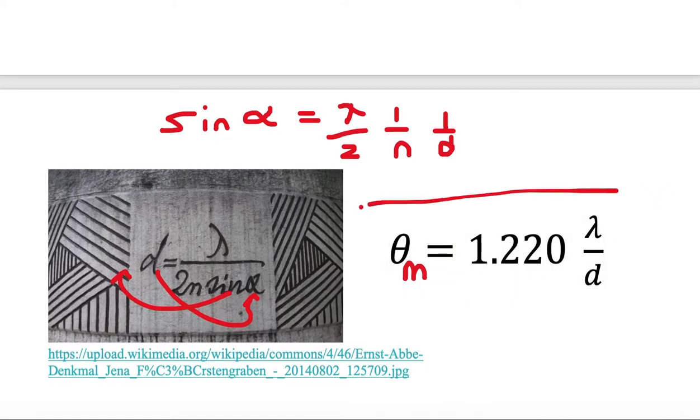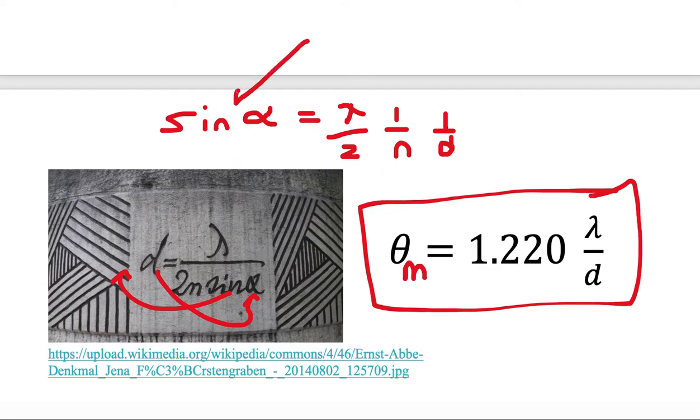So this is the modern day equation that we use, very similar, and we apply a small angle approximation here where sine of alpha is approximately equal to alpha, because you're looking at something very, very far away compared to the diameter of your telescope, say.